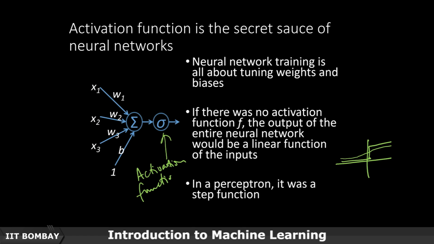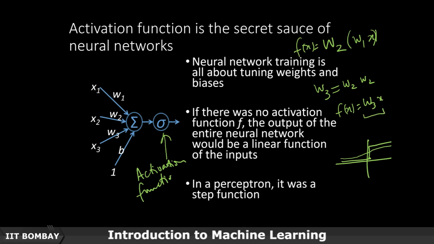Effectively we are just modeling linear functions of linear functions, and those can be collapsed into a single linear function. To give you an example, let's say you have a matrix W2 being multiplied with matrix W1 times X. Let's say we have another matrix which we call W3, which is the product of the two matrices, then f of x is as good as f of x equals W3 times X. So this again is a linear function.